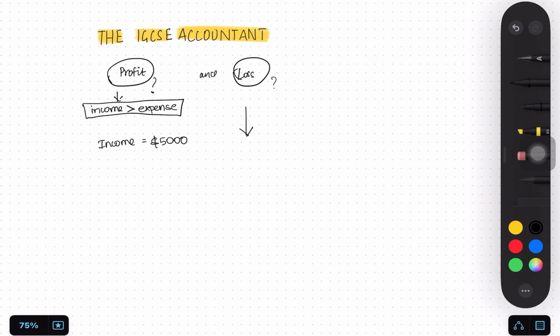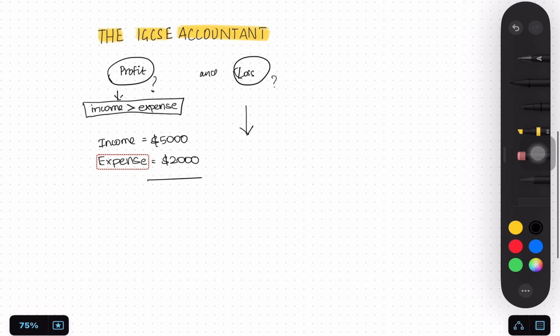So for example, I make an income of 5,000 and I have an expense of $2,000. So in this case, how will you know the profit? 5,000 minus 2,000. And also remember, we do not have minus in accounting. Anything that is enclosed within brackets is meant to be subtracted. So 5,000 minus 2,000 is $3,000.